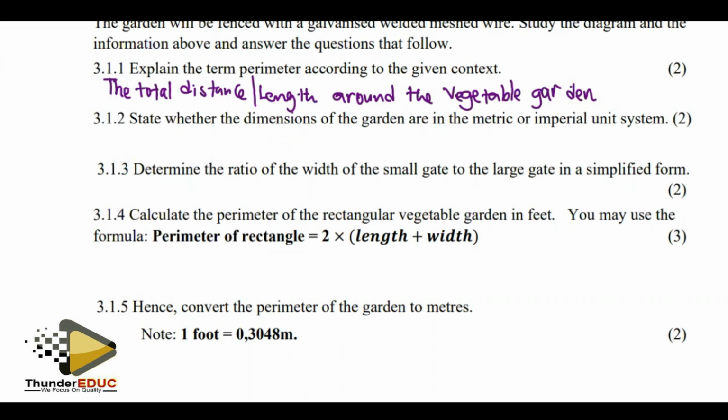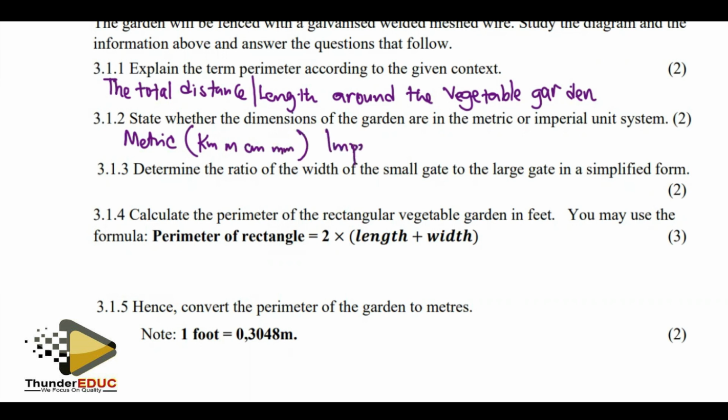State whether the dimensions of the garden are in metric or imperial. Remember, metric is where we look at kilometers, meters, centimeters, millimeters.